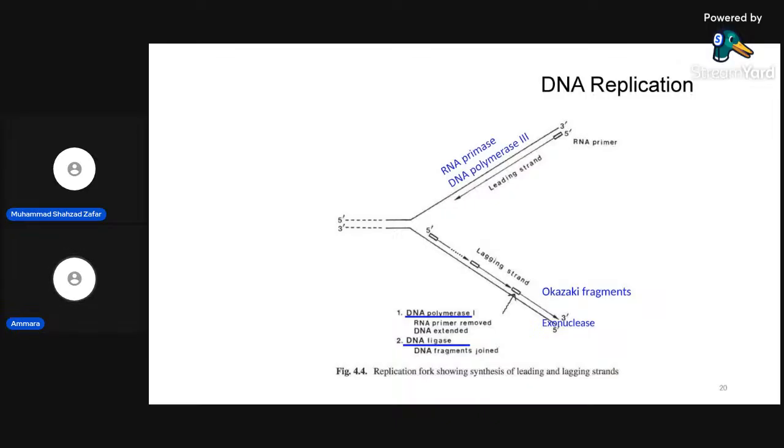After synthesizing the new strand on the lagging strand, DNA polymerase will come to proofread and fill the gaps after introducing complementary bases. Then ligase will come and join those patches with one another. In such a way we obtain two DNAs from one DNA in DNA replication.